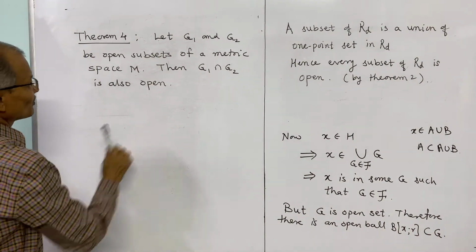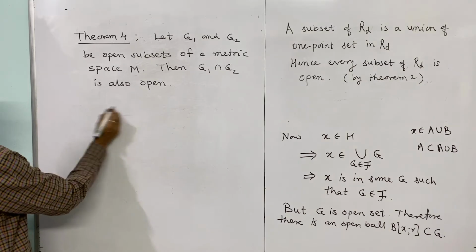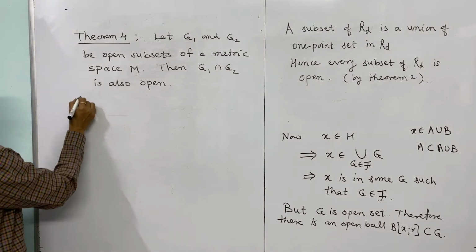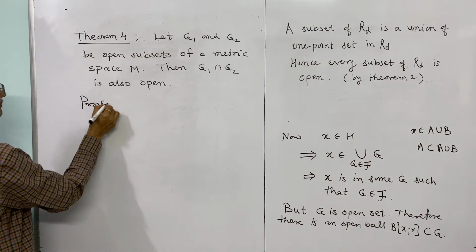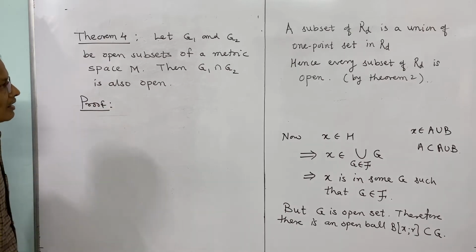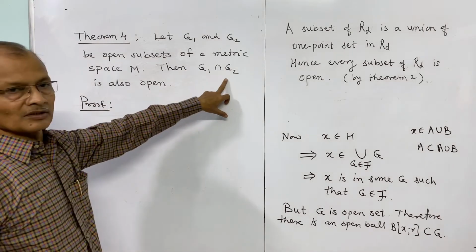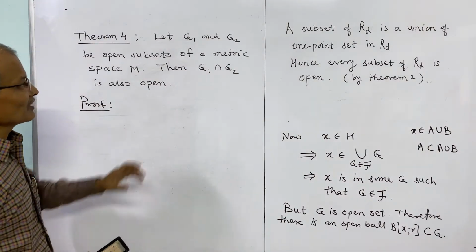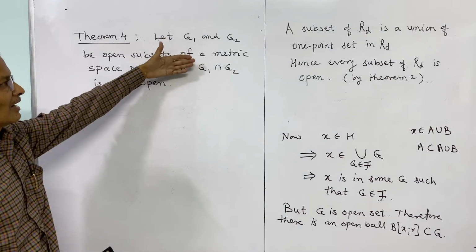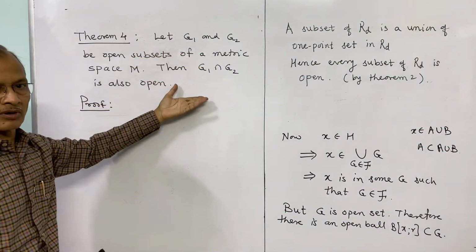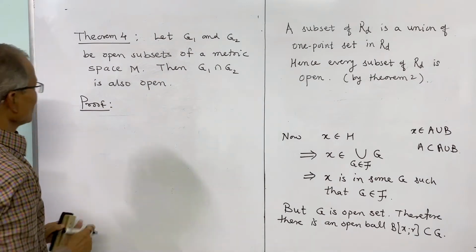Now this we have to prove. The proof we shall consider now. We shall assume G1 intersection G2 is not empty, because if it is empty, then that is obviously open, because the empty set is open.